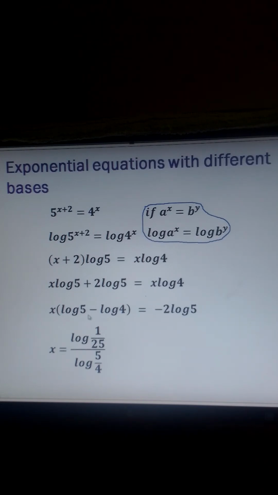And this one, log 5 minus log 4, is the same as the logarithm of 5 over 4, because when you're dividing numbers, you subtract their logarithms. So x is equal to the logarithm of 1 over 25 divided by the logarithm of 5 over 4, and it is solved.